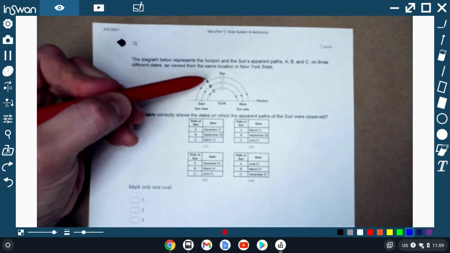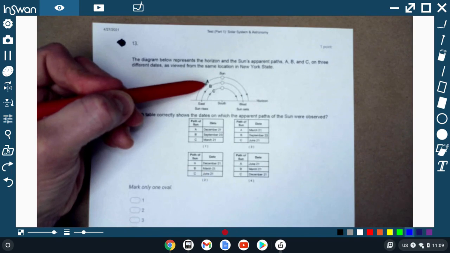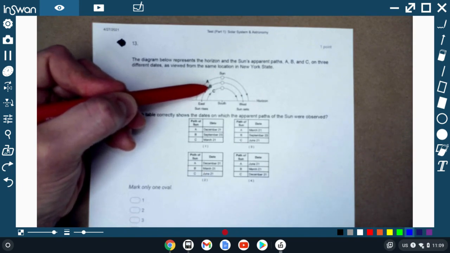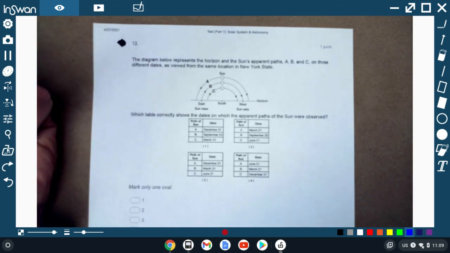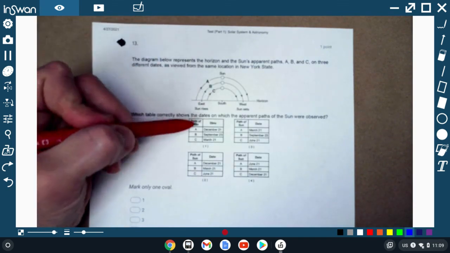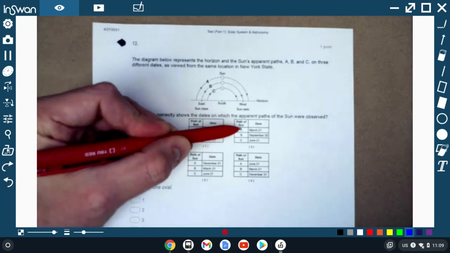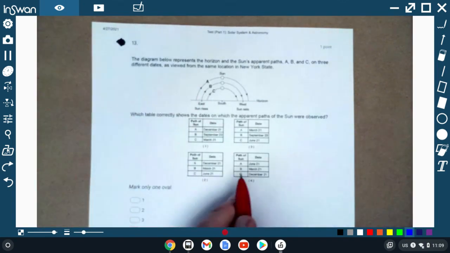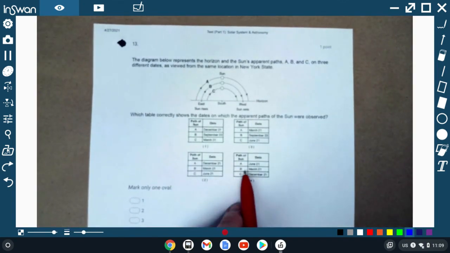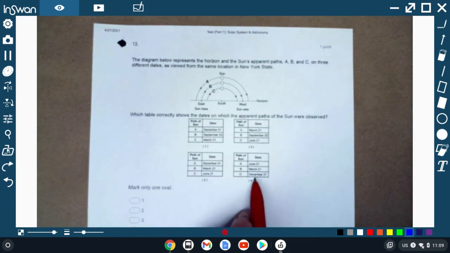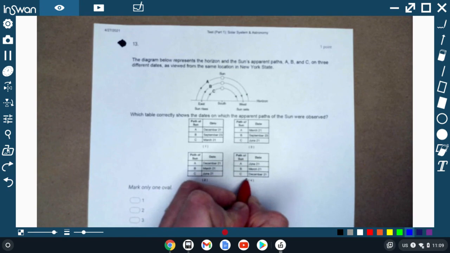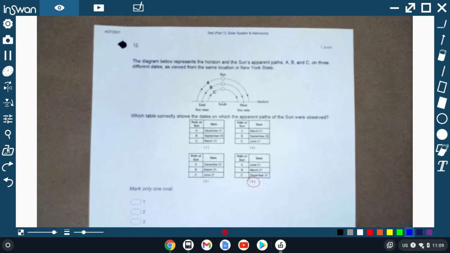So let's try to find where A is June 21st, B is March 21st or September 21st, and C is December 21st. So I'm going to look at A. So December, nope. December, March, nope. Looks like option 4 has June. Let's make sure B is correct. March or September, March matches, and C is December 21st. So it looks like number 4 for 13 matches up, knowing that the altitude of the sun changes throughout the year.